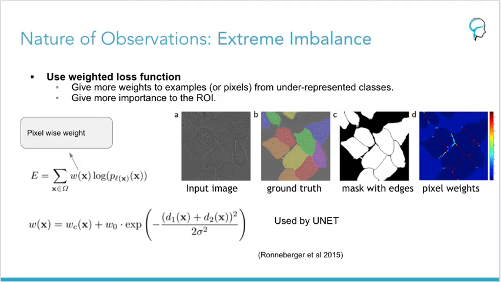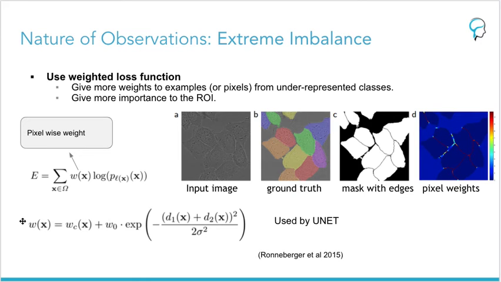The famous U-Net paper used this technique, and here the w_c is the class-wise weights, and w is the pixel-wise weight. Using weights here essentially means that every pixel has a different amount of importance, right?